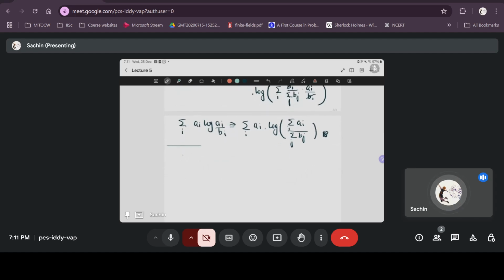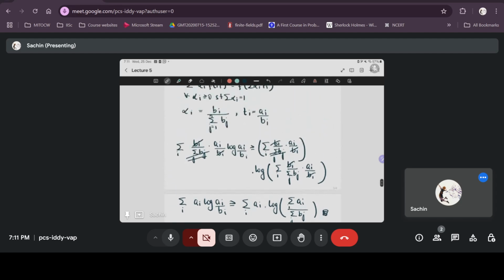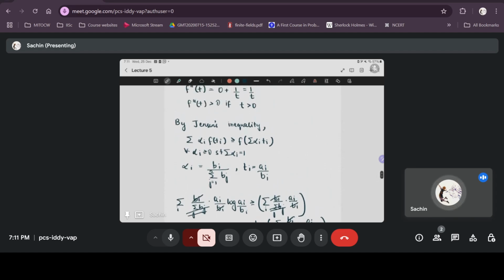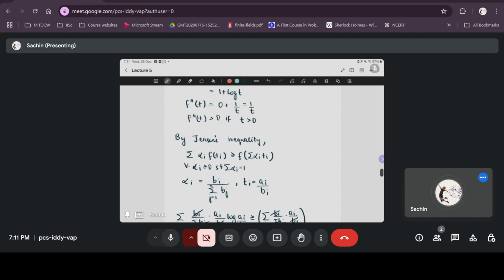Next, we have a result that we had proved earlier, the information inequality D of p parallel q greater than or equal to 0 with equality if and only if p is equal to q. Okay, we didn't discuss the equality condition here.